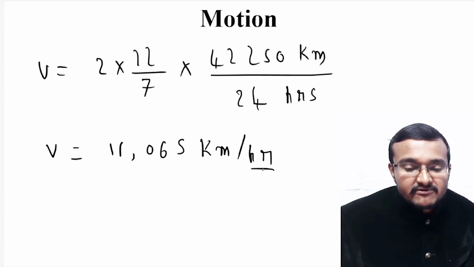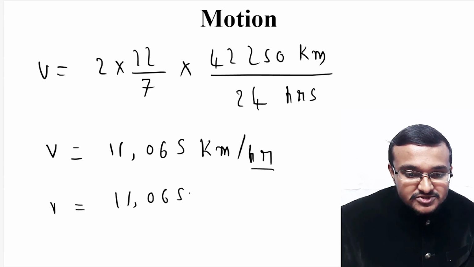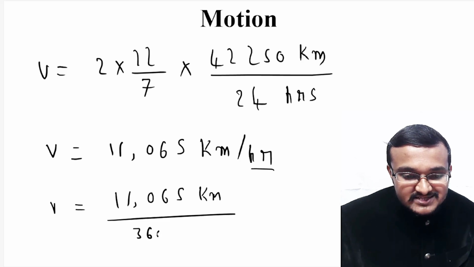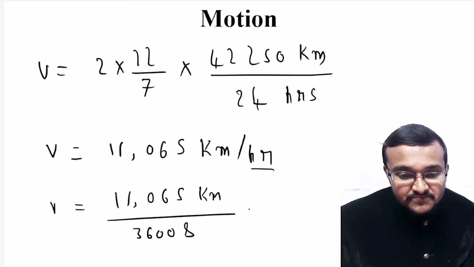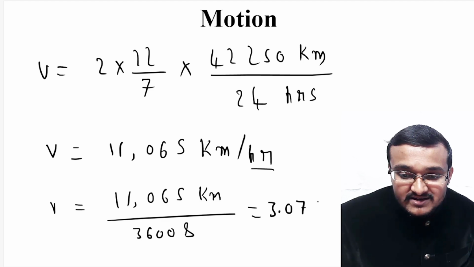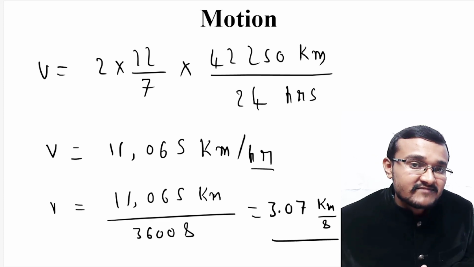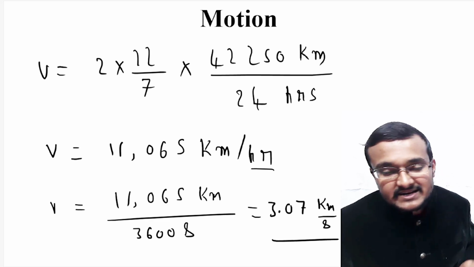If you want to convert hours into seconds, then you can divide this by 3,600. So 11,065 kilometer divided by 3,600 is equal to 3.07 kilometer per second. So 3.07 kilometer per second will be the velocity of this satellite.